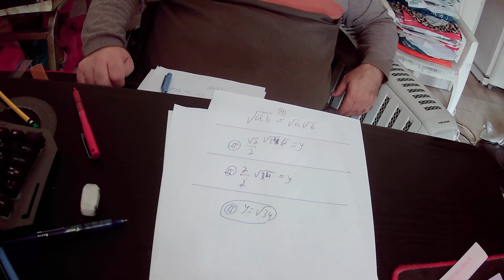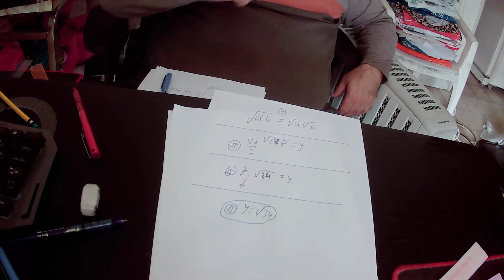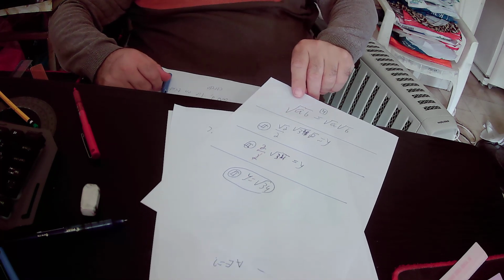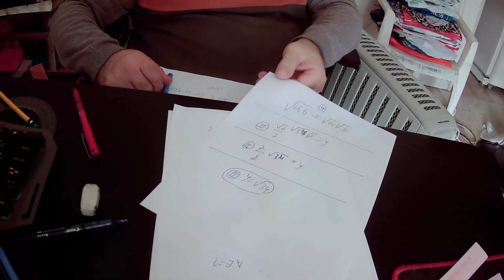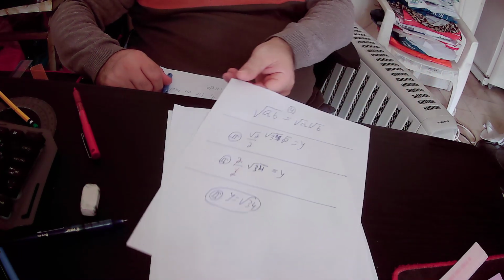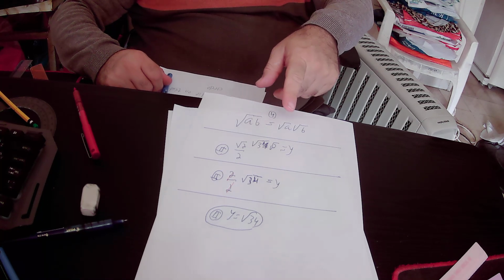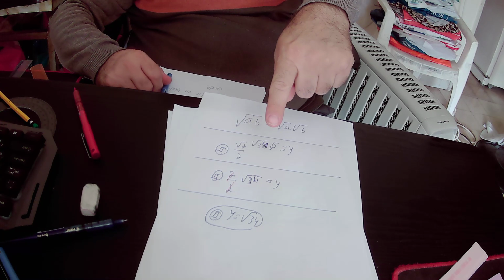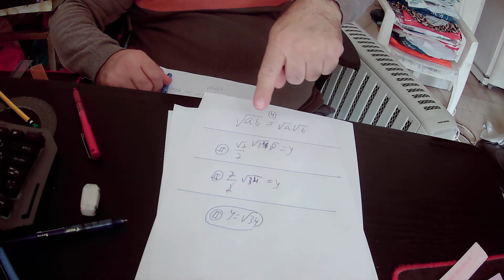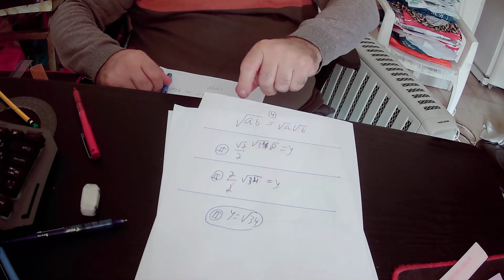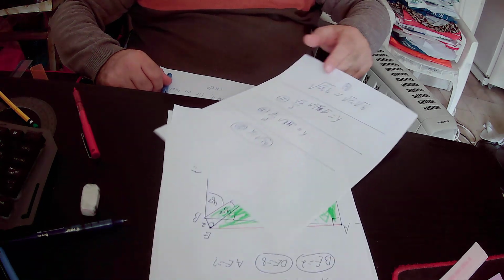Here we know that square root of 2 times square root of 2 is 2, so we got here 2 times square root of 34 over 2 equals y. 2 over 2 is 1, so we found out that y equals square root of 34 units.